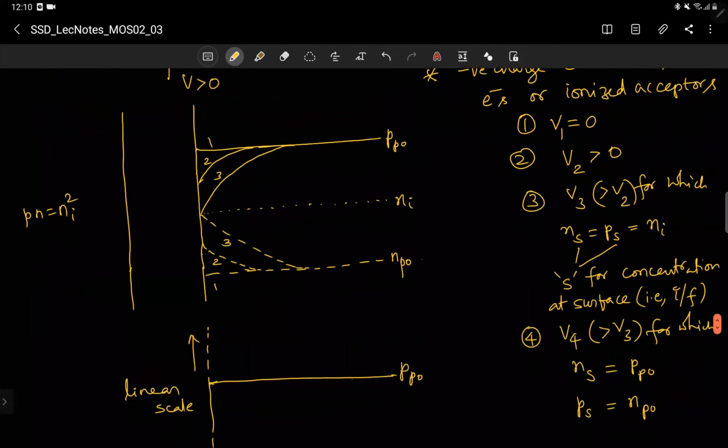Now if you increase the voltage further, what happens? Hole concentration would go down further, and electron concentration would increase further. So how will that look? It will look like this. Here maybe I will just extend for some more region.